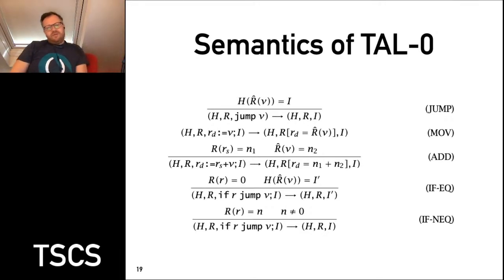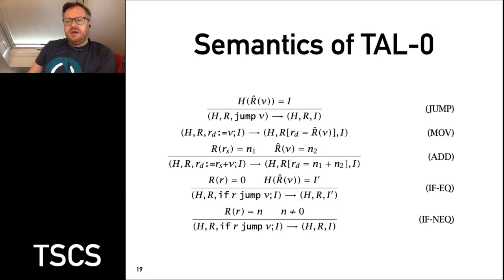Good, and then you have two if instructions, and as you can see, if instructions just work here not by computing values, but just by executing jumps. And the way it works is, if the resolved condition register contains a 0, then you execute the jump, otherwise you don't.